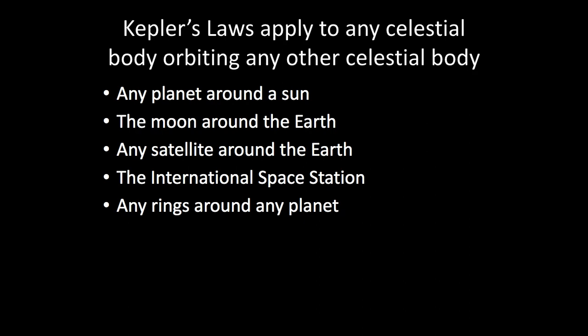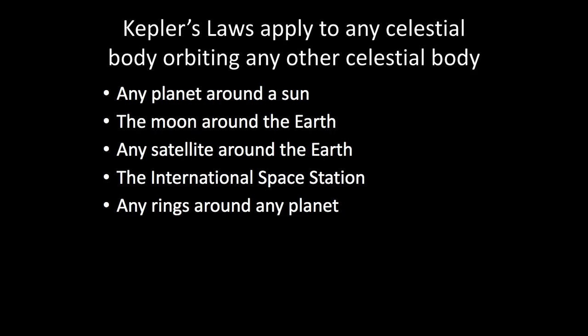All right, so just to recap real quick before I let you go, we have 3 laws that Kepler discovered. Kepler's first law is the law of ellipses. Planets go in an ellipse. At perihelion, they're closer. At aphelion, they're further away. Kepler's second law is the law of equal areas. Planets sweep out equal areas in equal times, which means that they have to move fastest at perihelion and slowest at aphelion.